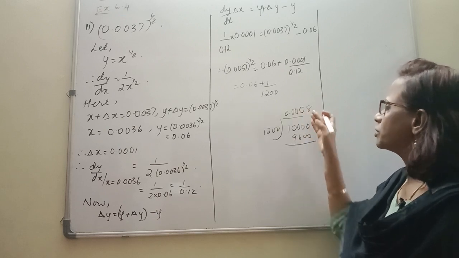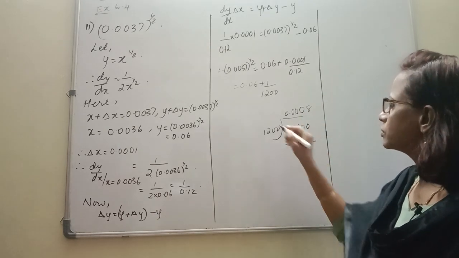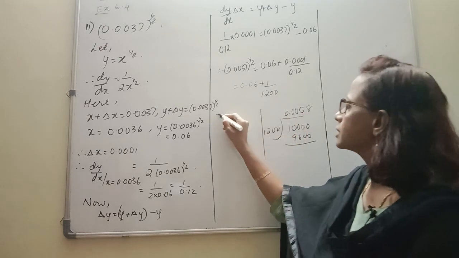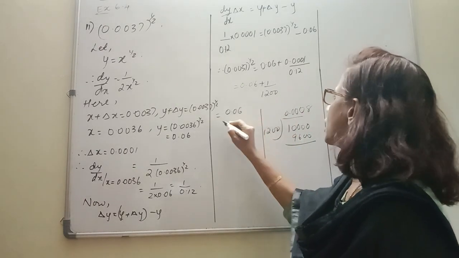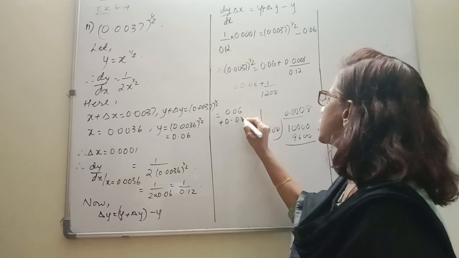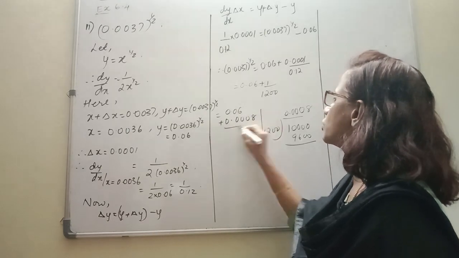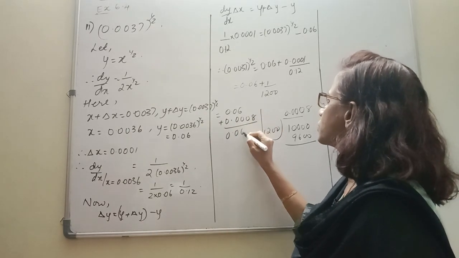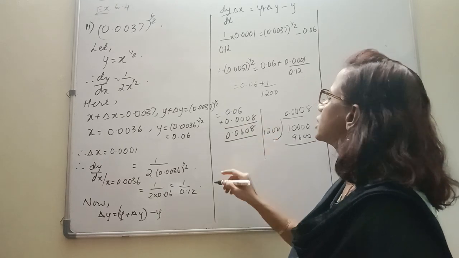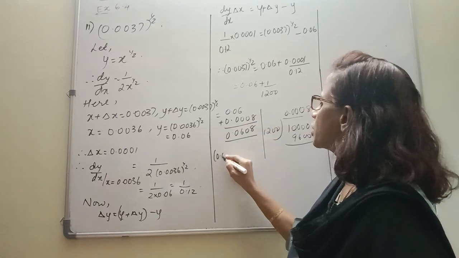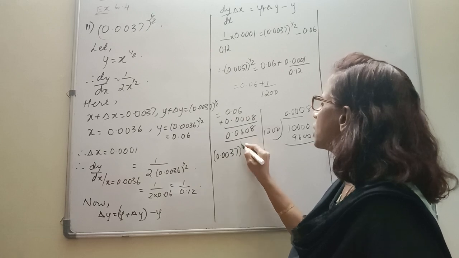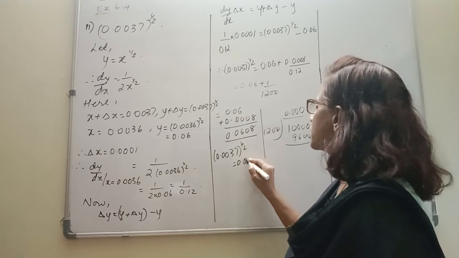Four places is enough. So you have 0.06 plus 0.0008, which is 0.0608. Our answer for 0.0037 raised to half is 0.0608.